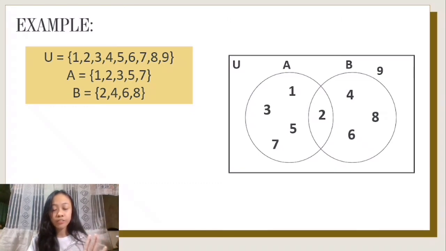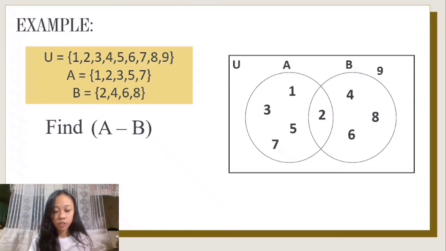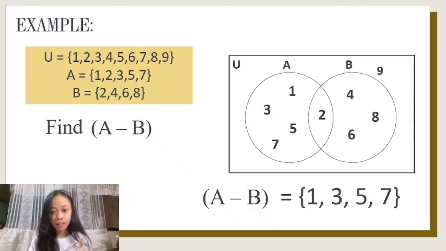So, let's have an example. Let's find the difference of set A and set B. So, if we are going to find the difference A minus B, so we have here our answer. So, the answer will be on set A only. So, hindi kasama ang common element. Therefore, the difference of set A and set B is 1, 3, 5, and 7 only.